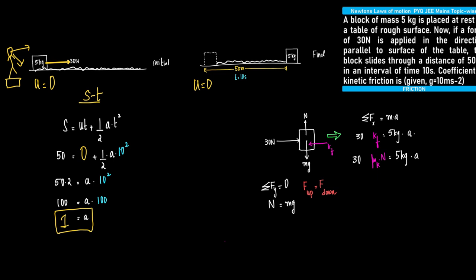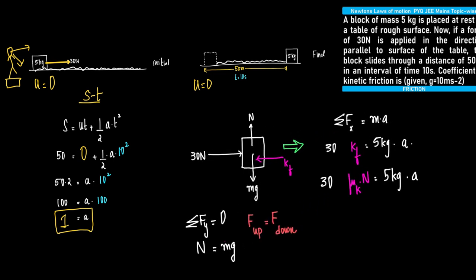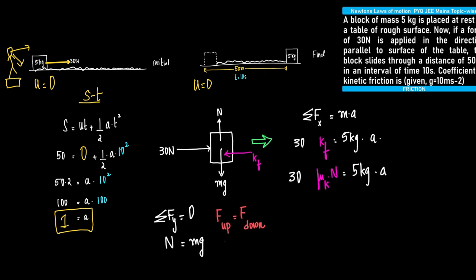Having said that, let us now move on to the free body diagram. So draw the free body diagram of this body. What are the various forces acting on it? The very first force would be the force of gravitation, which results in mg, and since it is on a surface, this surface will exert a force on the block, which will be the normal reaction on the block due to the surface.